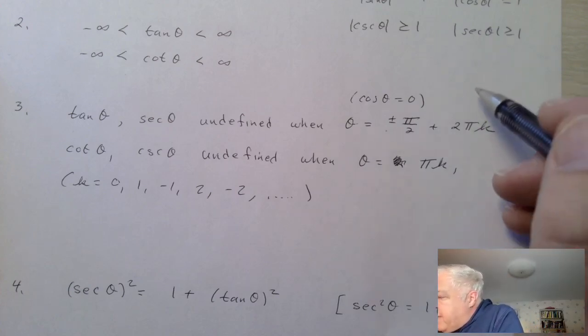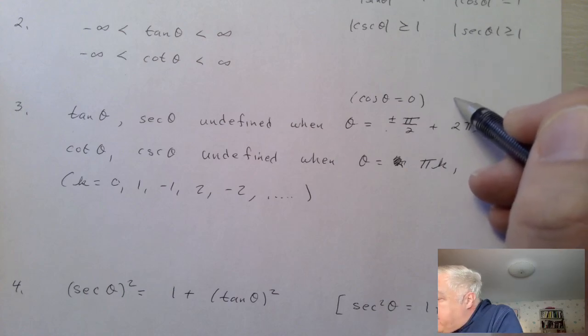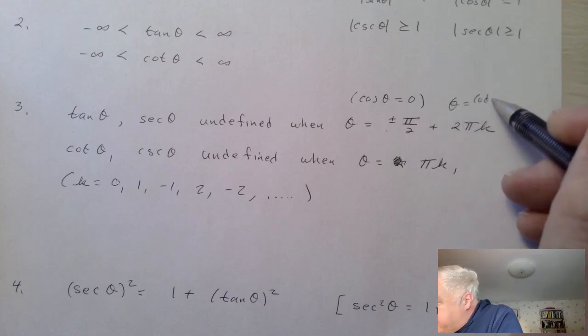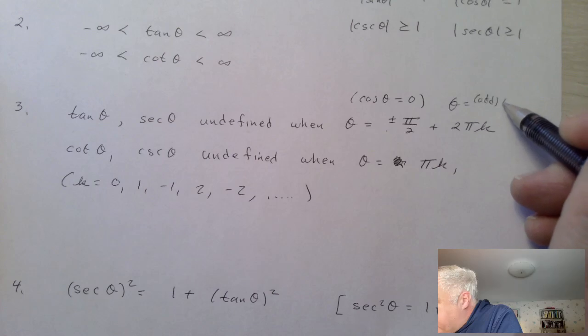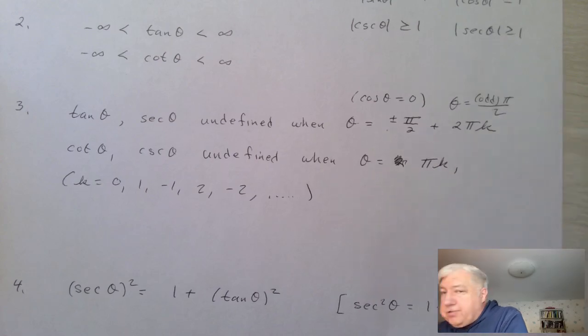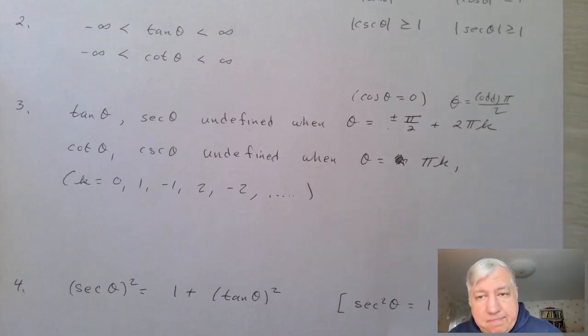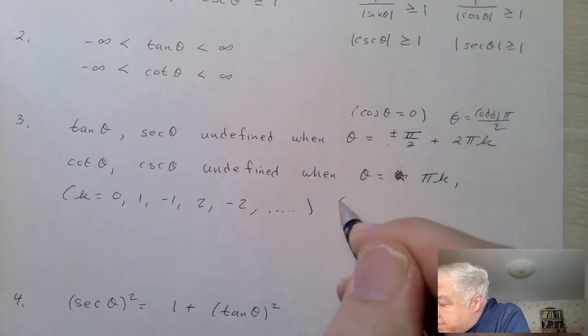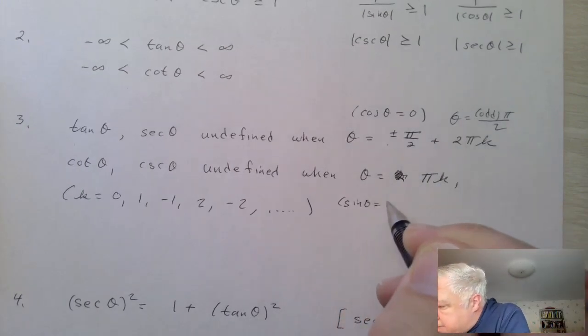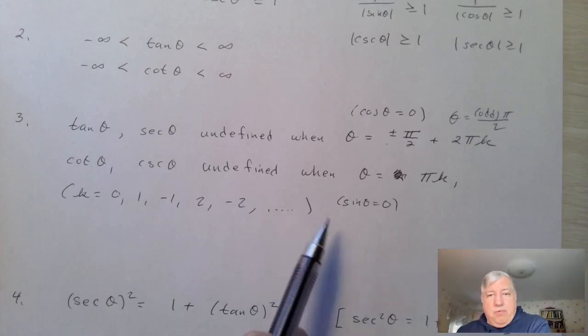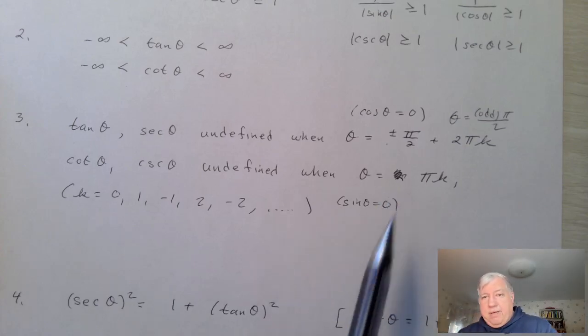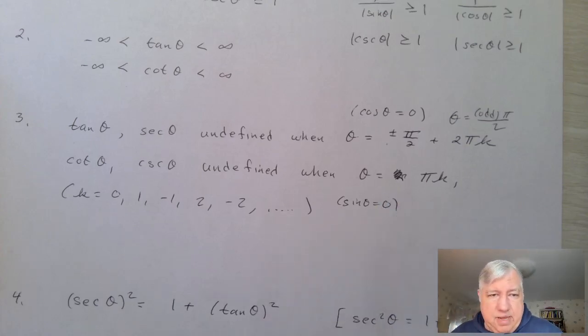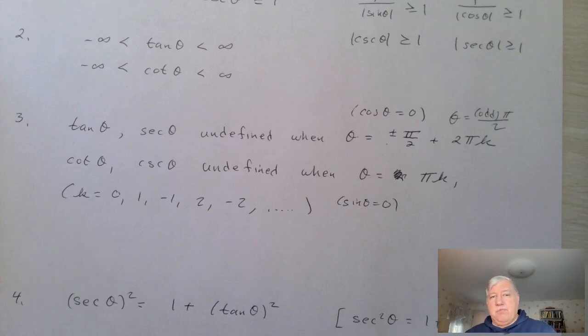Another way to think about this is when theta is some odd integer times pi/2. And then the sine of theta is 0, well, when does that happen? That happens at any integer multiple of pi. So that's where these are undefined.